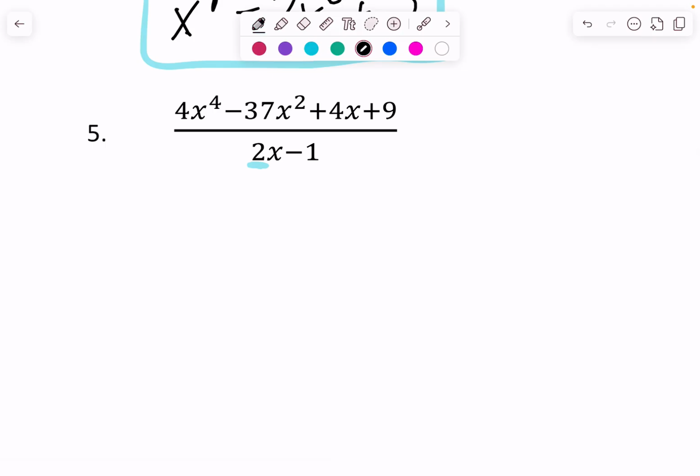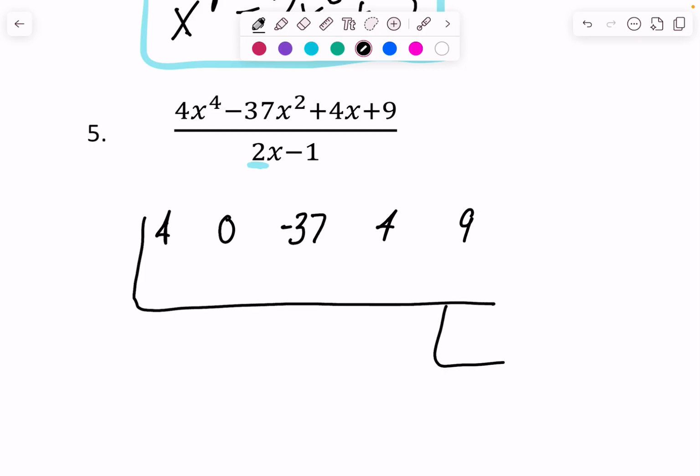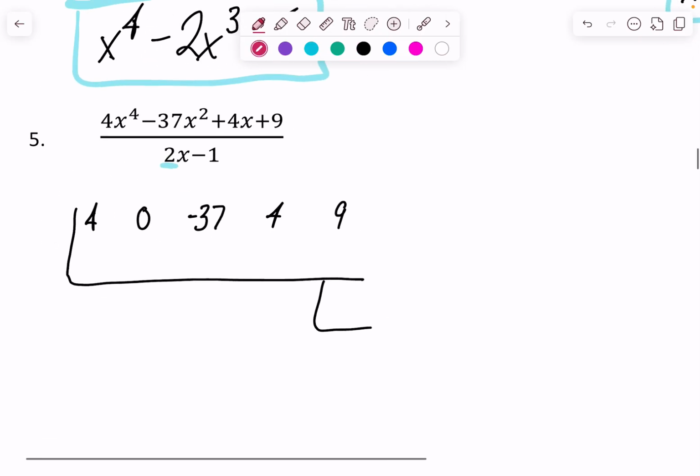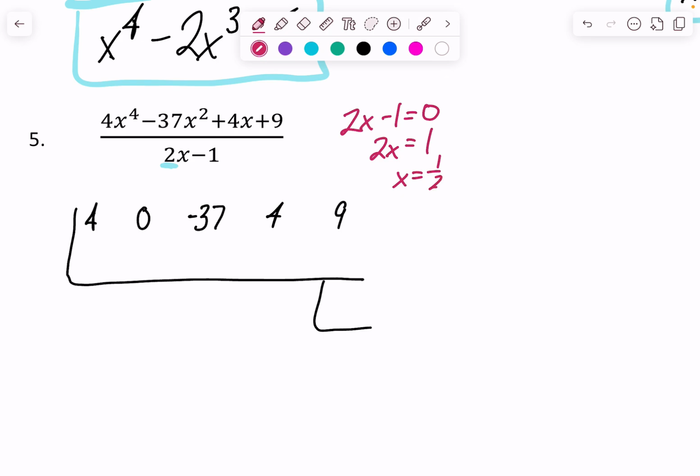So I'm going to write out my polynomial, and notice we don't have an x cubed term, so we put a 0. We're going to take our divisor, set it equal to 0, and solve for x. So we get a fraction this time.